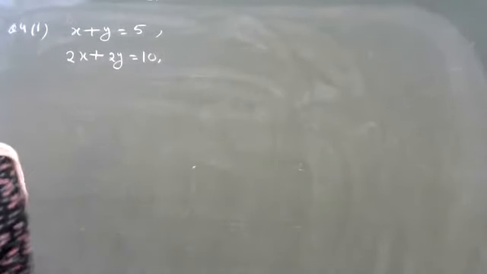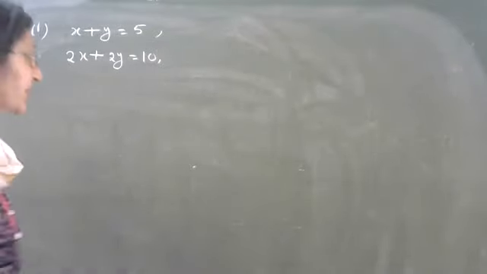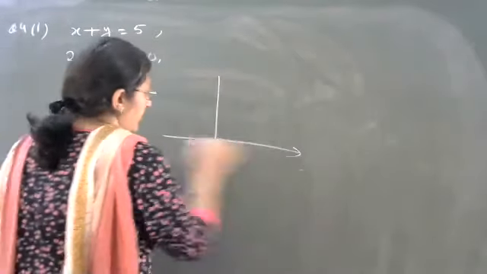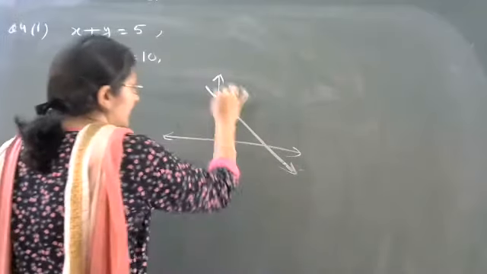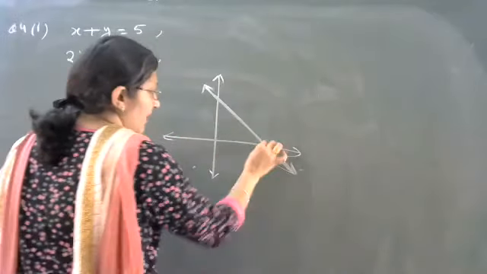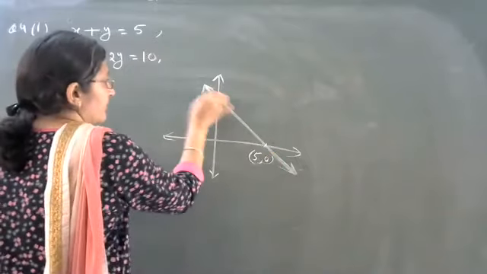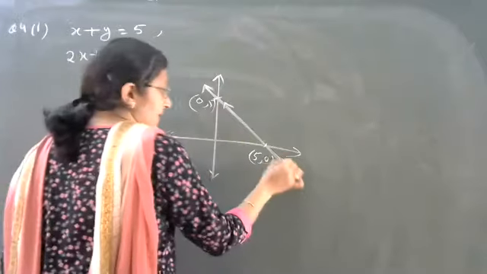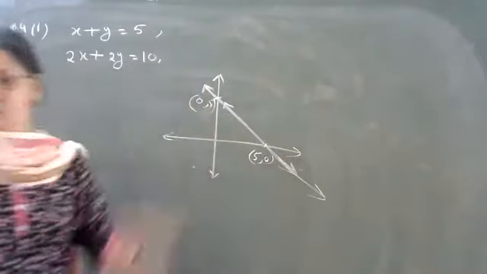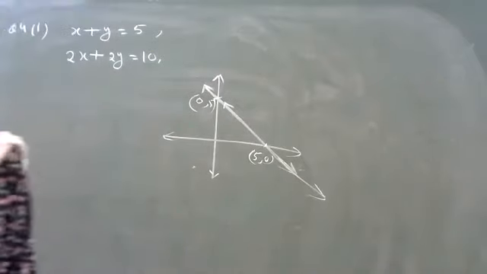So whenever you plot the graph of this type of equations, you will get one line above the other. For x plus y, the points will be (5, 0) and (0, 5). When you plot the second line, it will be the same line, lying on top of the first. So these two lines are coincident lines. Clear?